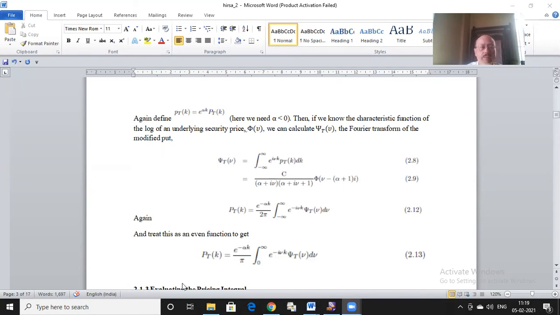The put price is given by e to the power minus alpha k by pi, integral 0 to infinity, e to the power i nu k, psi of nu. So obviously similar development, exactly mirror images, but we do need an explicit separate expression because we are faced with a range of prices in the real market.